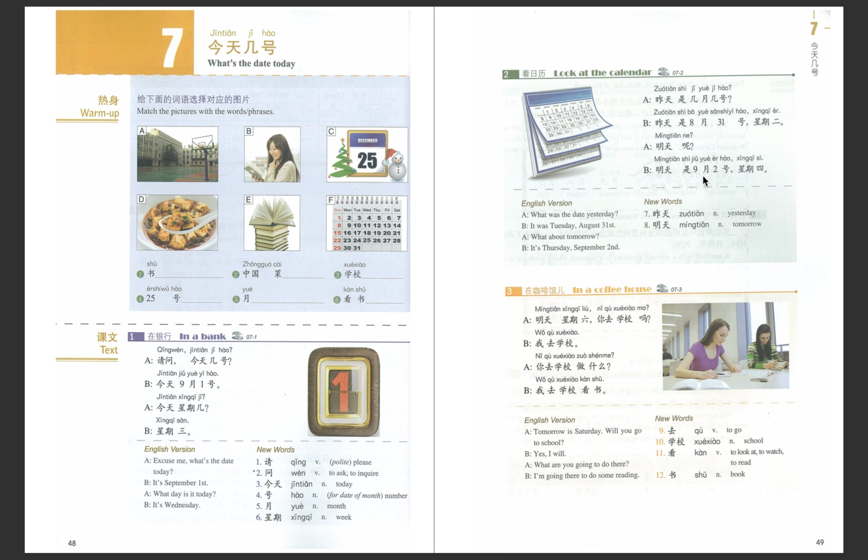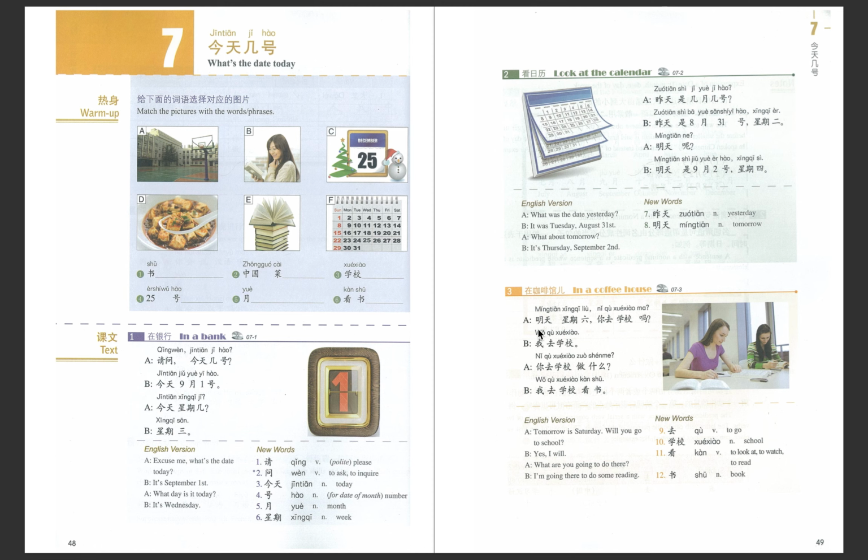Tomorrow would be 9月, the ninth month of a year, September, 2号 number 2, so the second. 星期四, the fourth day in a week, Thursday.